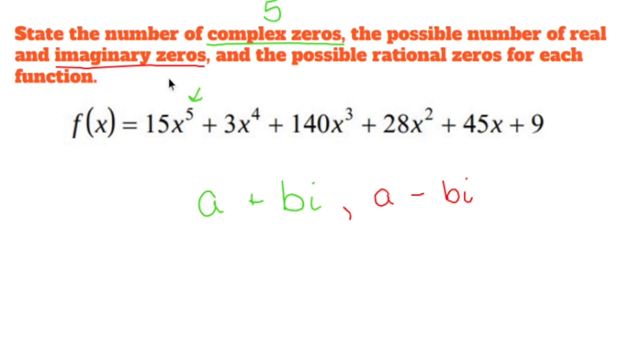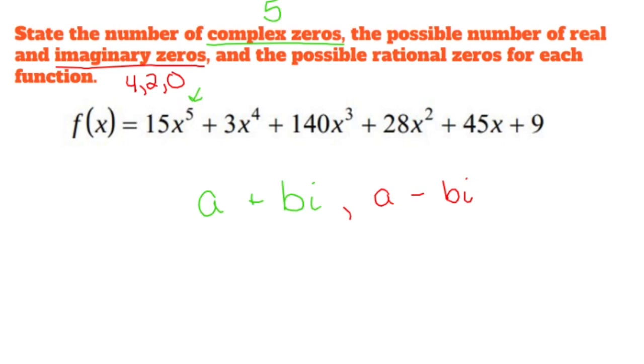So I could have no imaginary zeros. I could have 2 imaginary zeros. I could have 4 imaginary zeros. So it's basically even numbers all the way up until you hit complex, but you're not allowed to go beyond it. So since my highest degree is 5, I start out with 4 and work my way down.